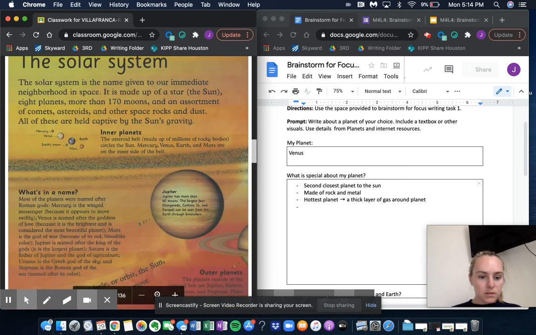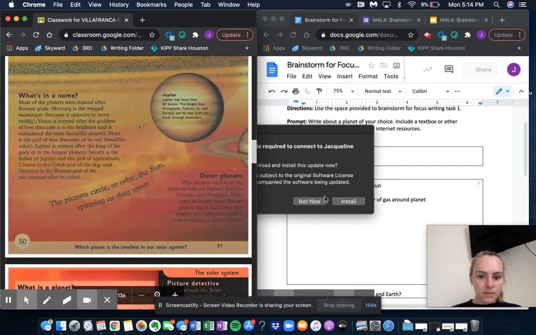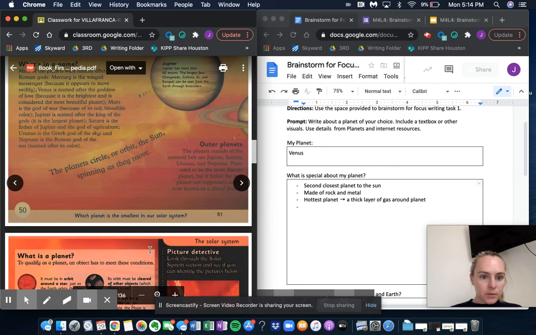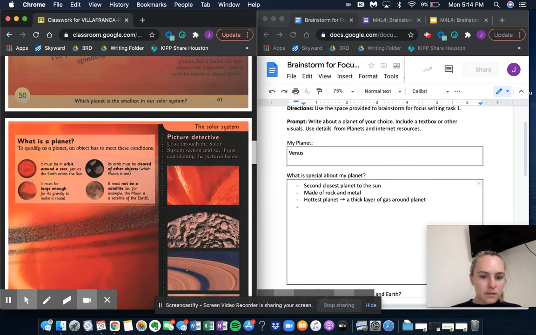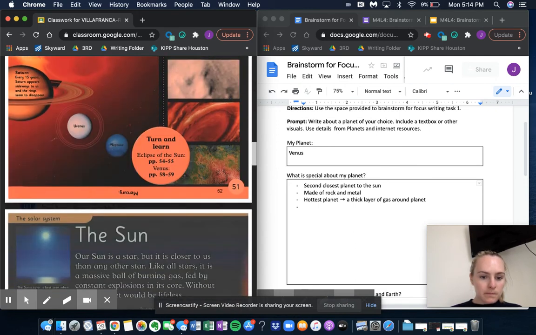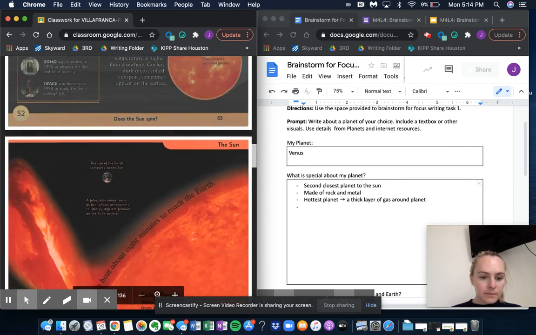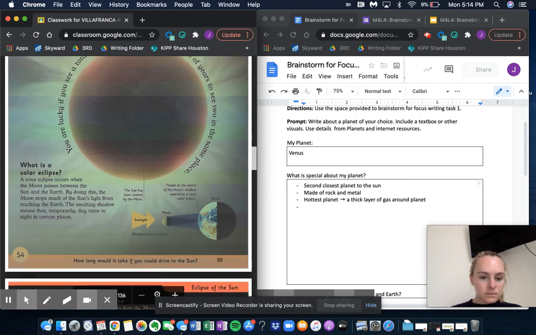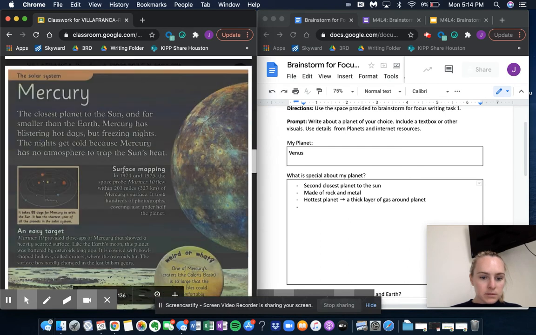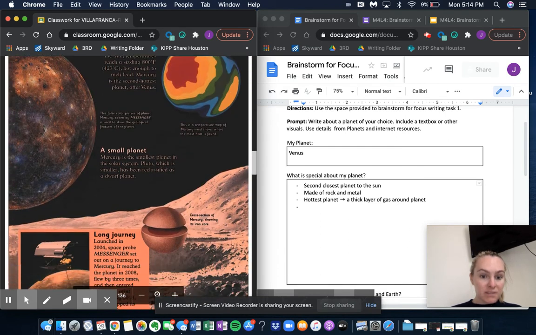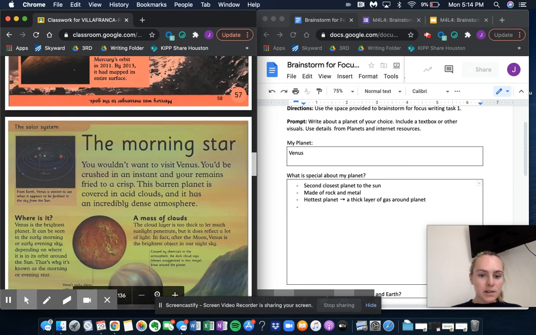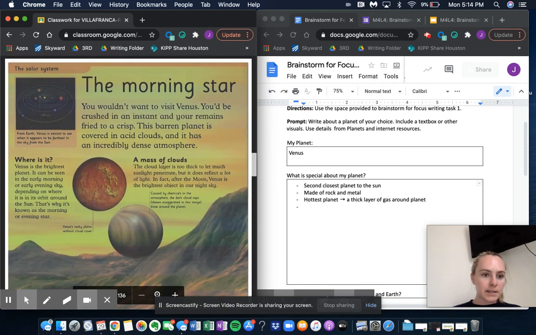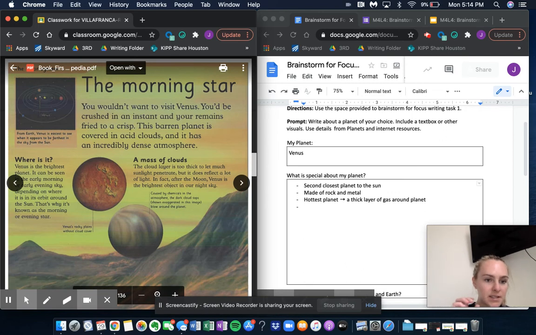Okay. Here we go, the solar system. Okay, so we got the sun. We have Mercury, should be Venus is next. The morning star. Okay. So from Earth, Venus is the easiest to see when it appears to be the farthest in the sky from the sun.